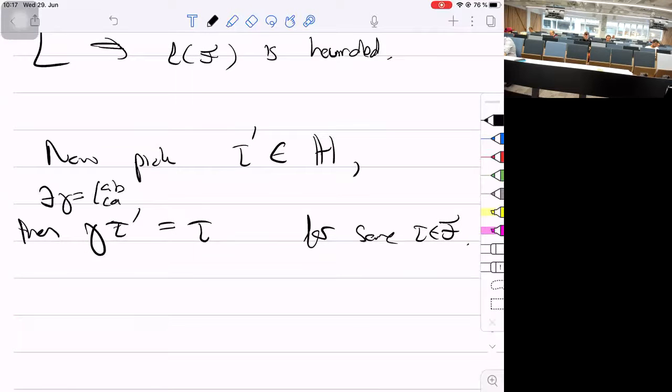So pick any point tau prime in the upper half plane. There exists gamma with entries a, b, c, d in SL2(Z) that takes you from some point in the fundamental domain to the one you're interested in.